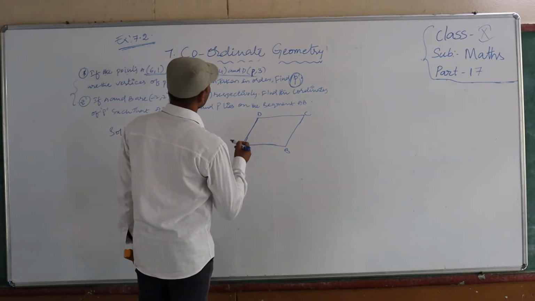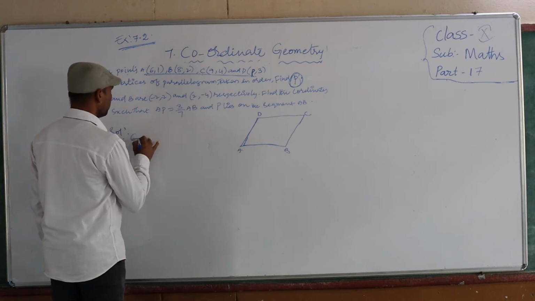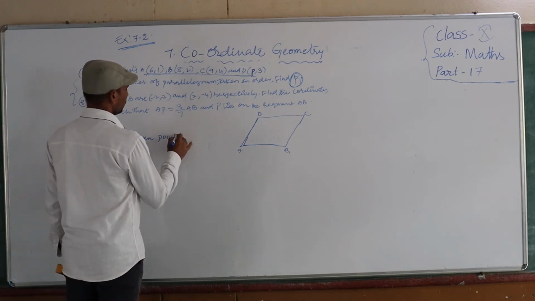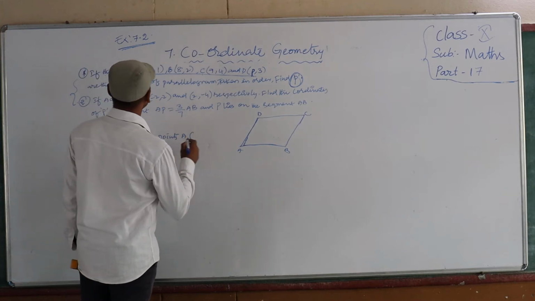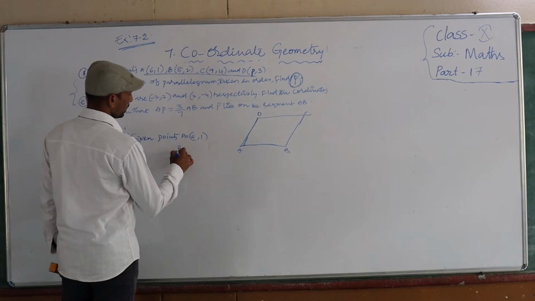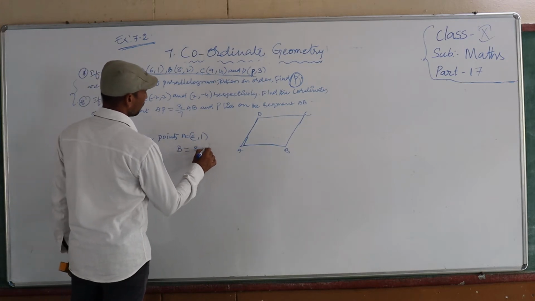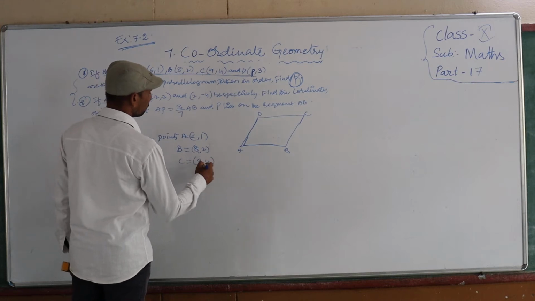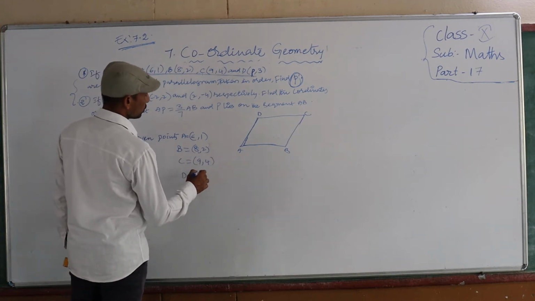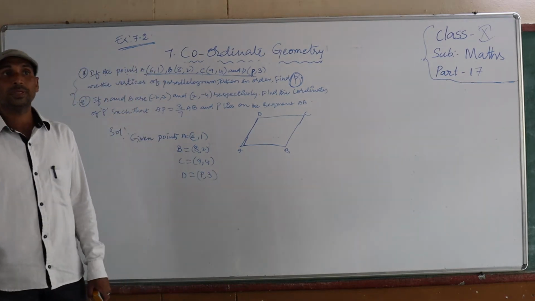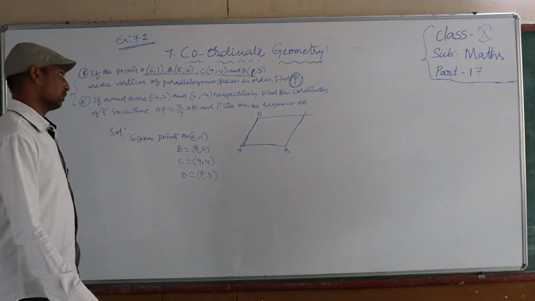A is nothing but the given points: A is equal to (6, 1), B is equal to (8, 2), C is equal to (9, 4), D is equal to (3, 2). So here we should find the P value.